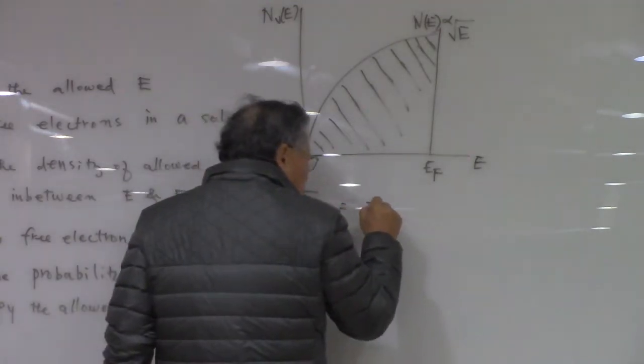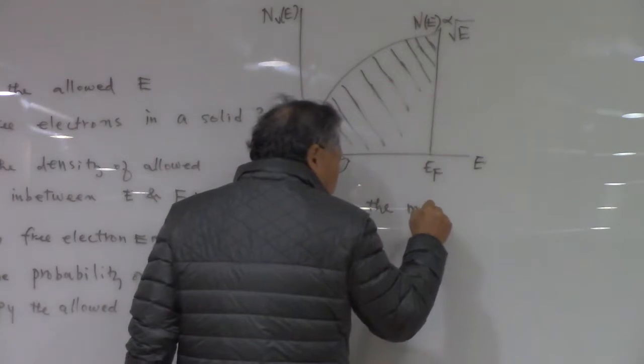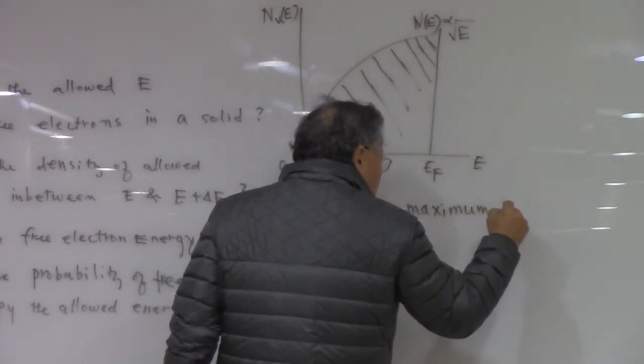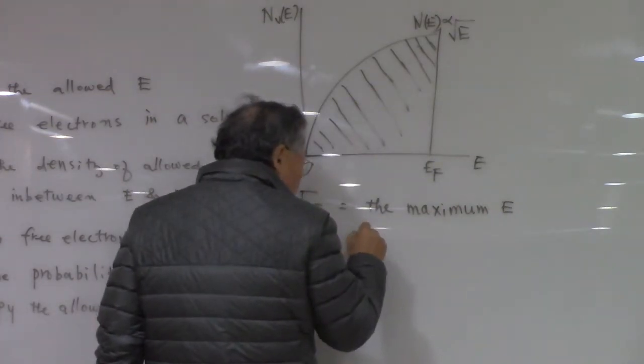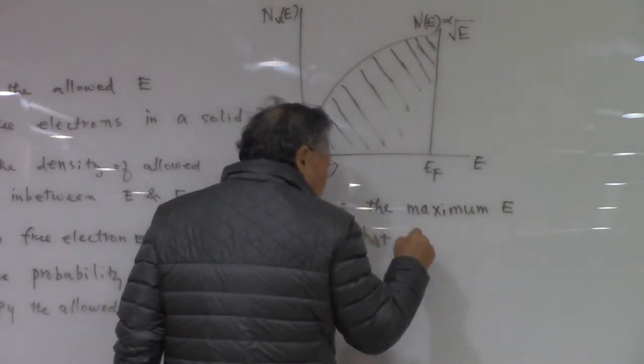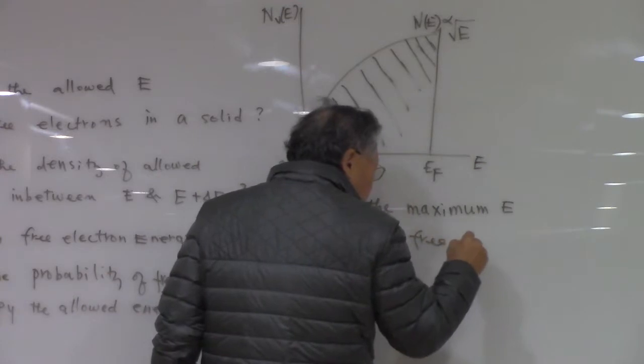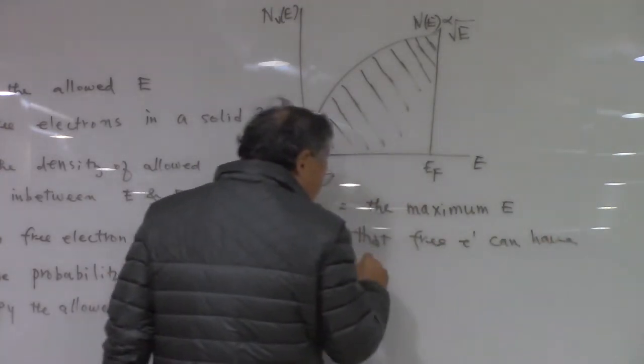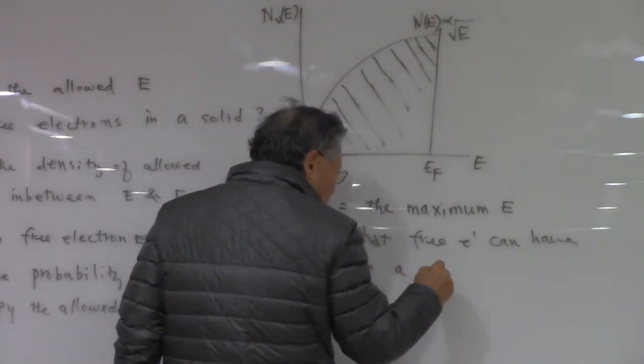The maximum energy that free electron can have in a metal system.